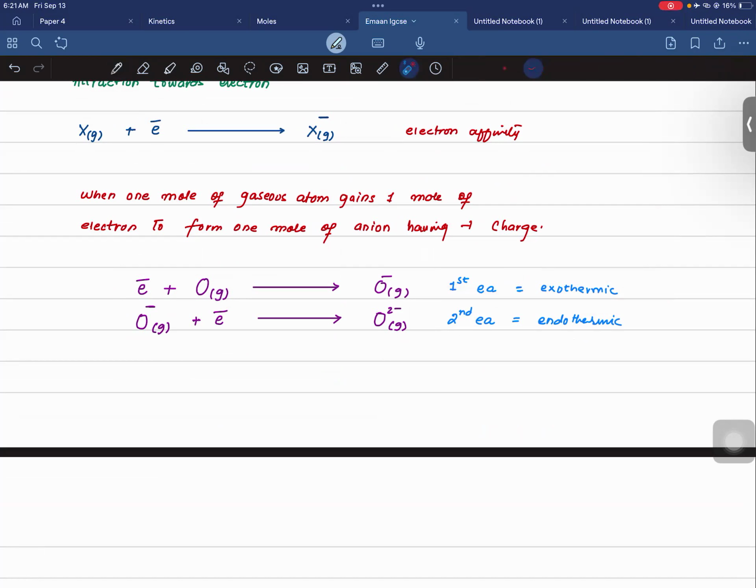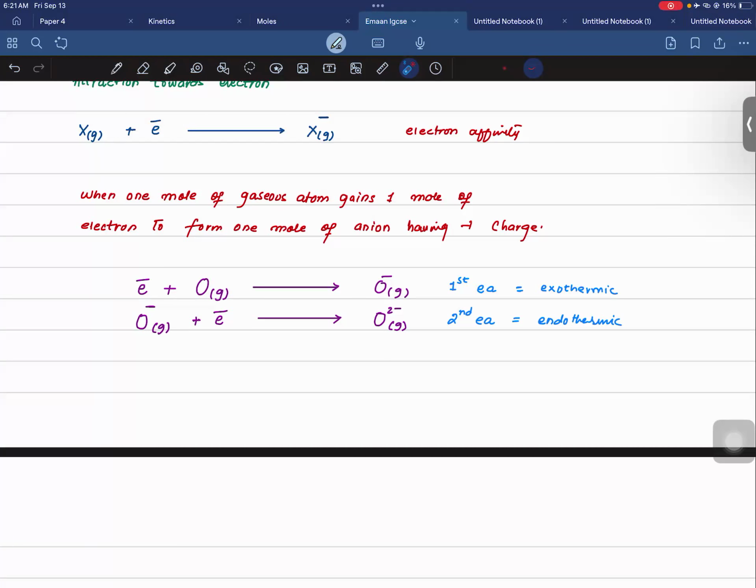Exactly. So when it's going to gain the second electron, right now oxygen is having -1 charge, and electron is also having negative charge. So when O minus is going to gain electrons, they would be repelling each other because they have the same charges. But oxygen has to gain second electron because oxygen has -2 charge. So in order to overcome the force of repulsion, you have to provide energy.